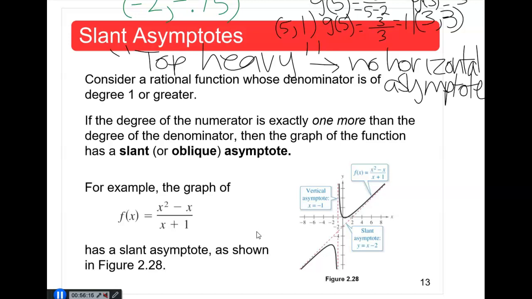So instead, they may or may not have a slant asymptote or oblique asymptote. So that's an example of a slant asymptote. And just like we studied in chapter 1, those lines are going to be functions, and the equation of those will be y equals to something.